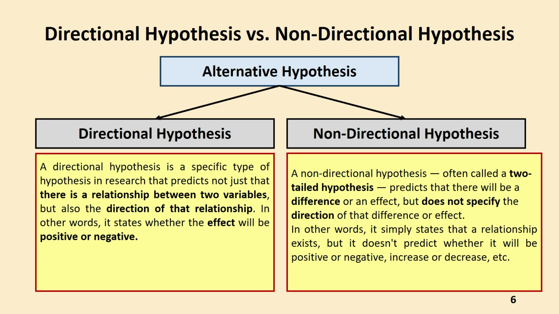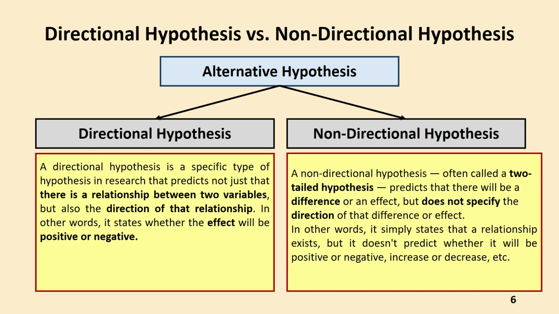Whereas a non-directional hypothesis, often called a two-tailed hypothesis, predicts that there will be a difference or an effect, but does not specify the direction of the difference or effect. In other words, it simply states that a relationship exists, but it does not predict whether it will be positive or negative, increase or decrease, etc.